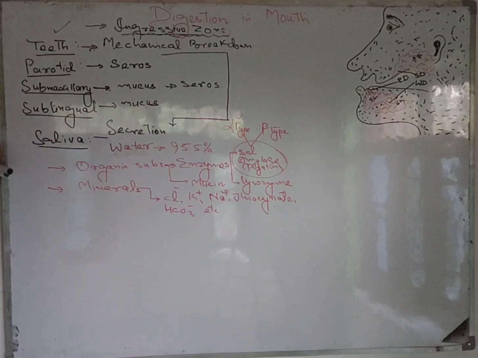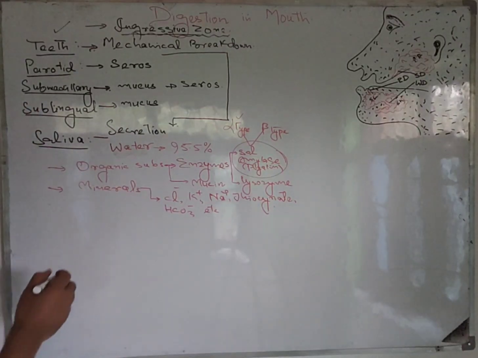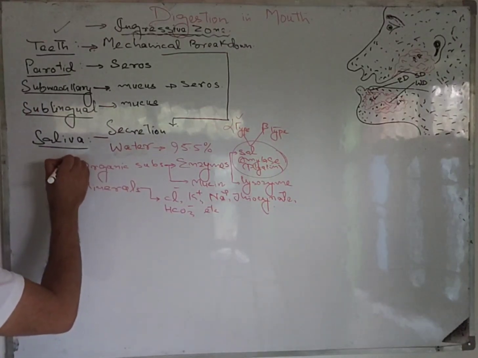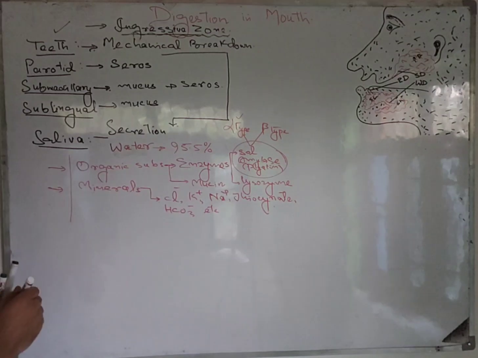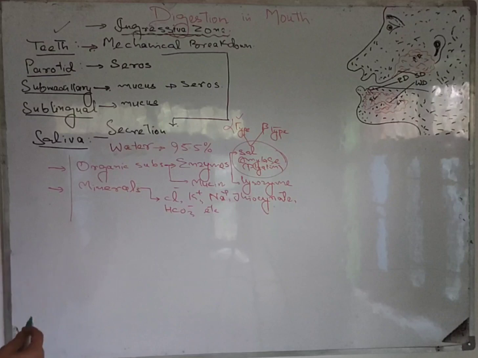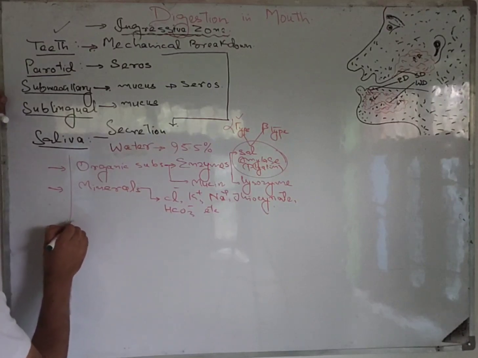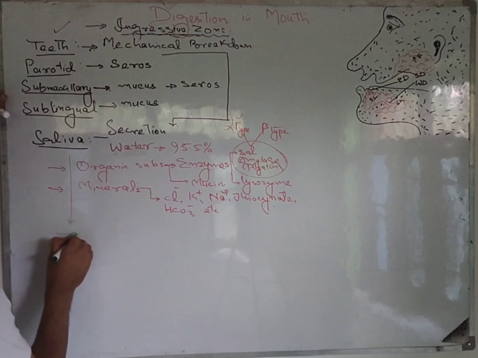And now, so far as other characters of our saliva are concerned, let us have a look over some of the physical characters of saliva, and I will make use of another color for that. Please have a look. So, physical and chemical characters of the saliva.